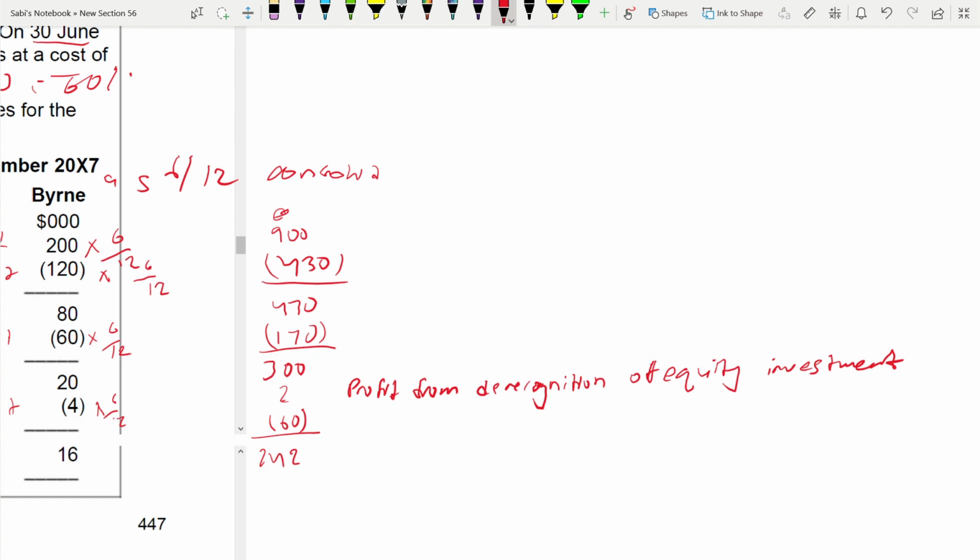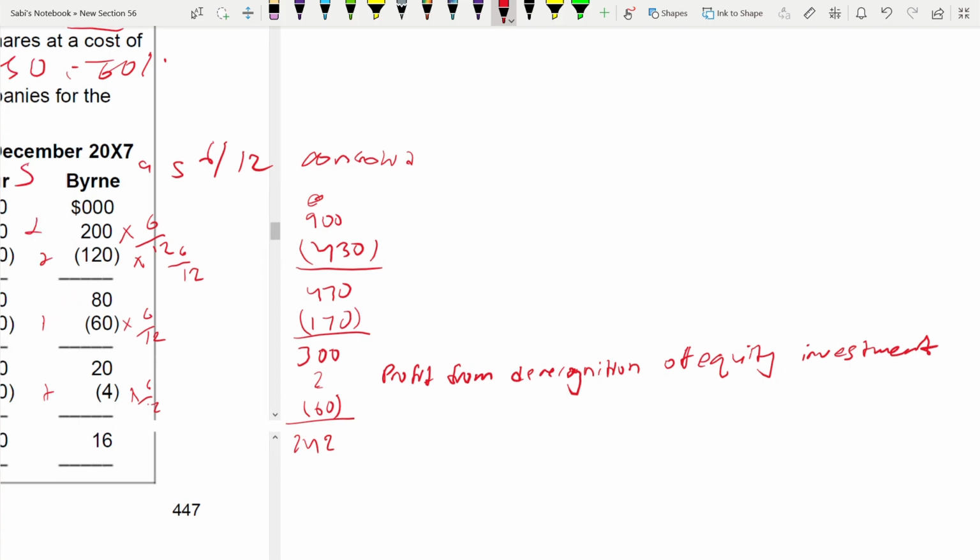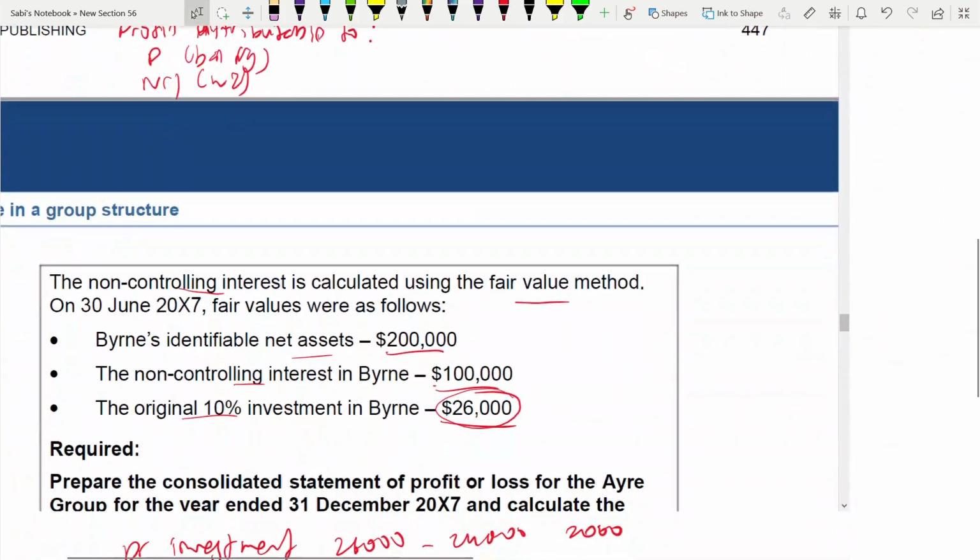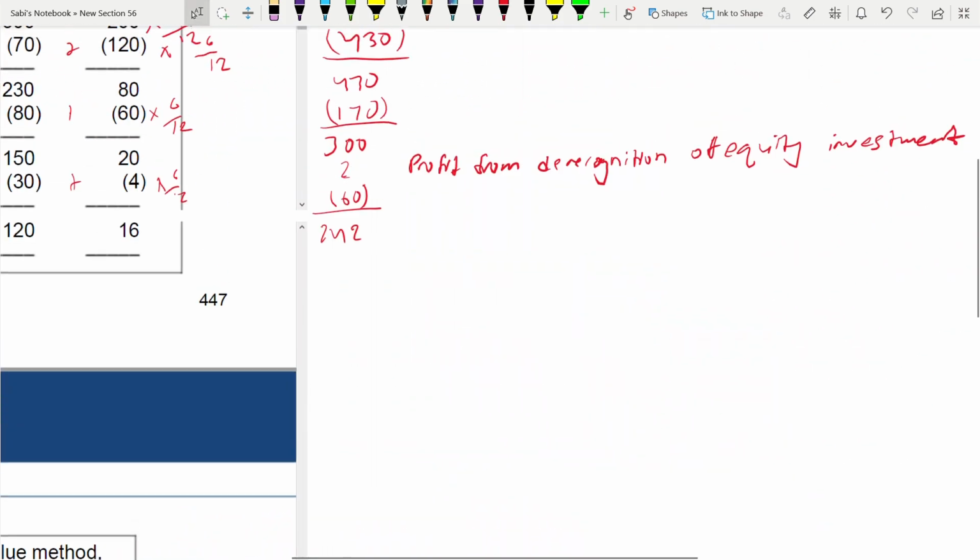Now let's do for NCI. Working 2 is for NCI. Okay, profit attributable to the NCI.